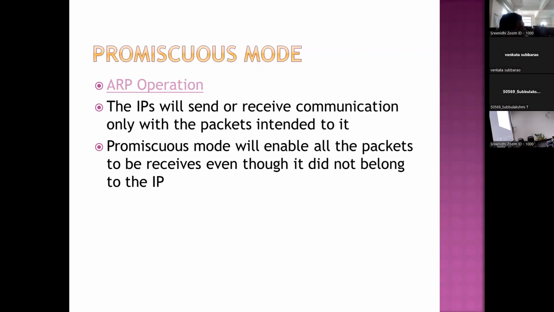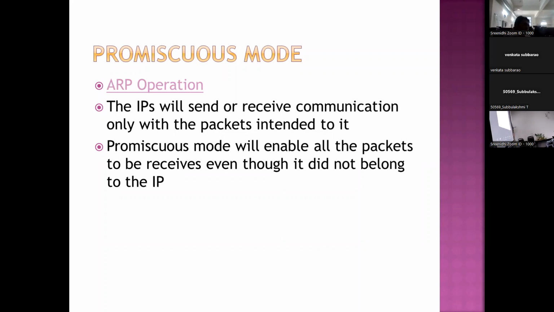Promiscuous mode enables all the packets to be received even though they do not belong to that IP. So in the previous case, any packet that is coming to me, I will receive, if my network interface card is changed to promiscuous mode.